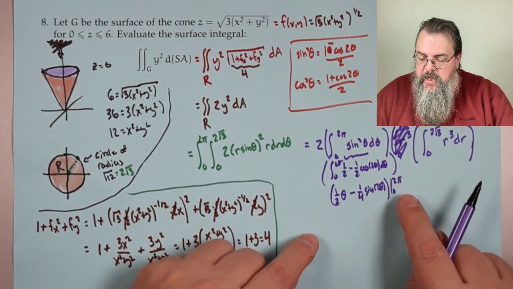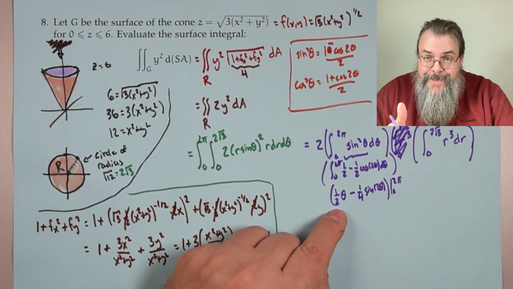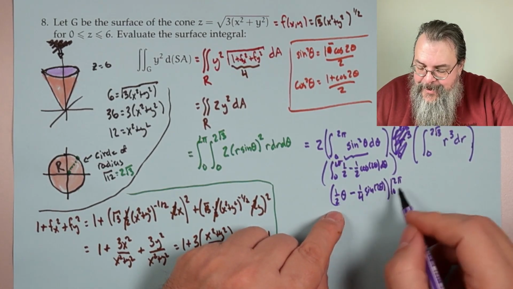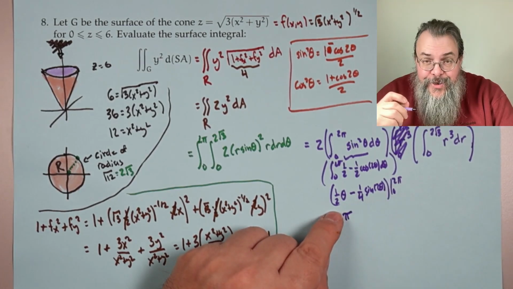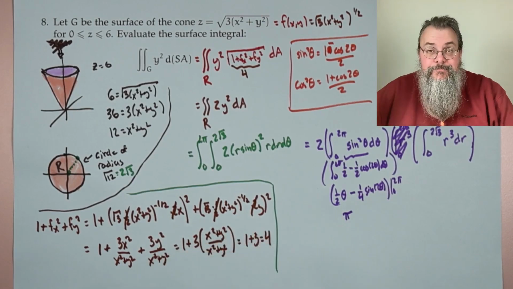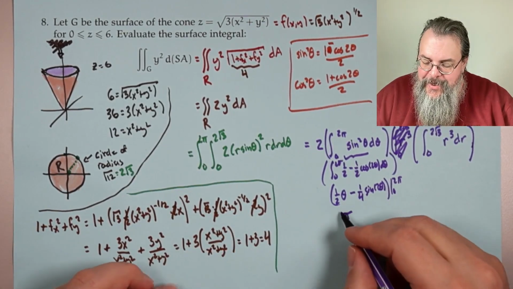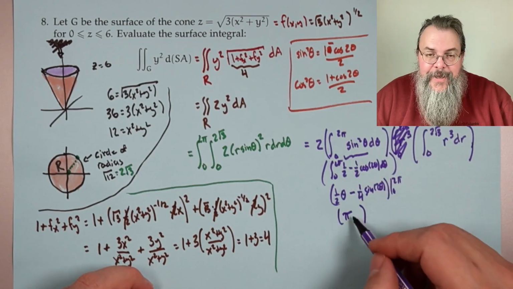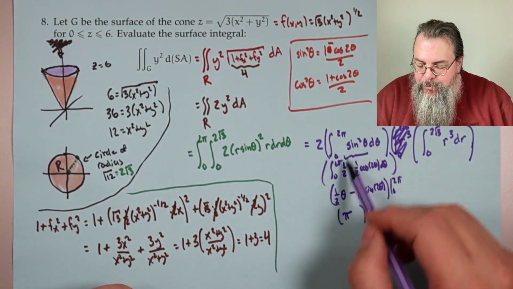When you plug in 2 pi, 1/2 times 2 pi is pi. Sine of 4 pi, 0. Sine of 0, 0. So we get 0, except for that first term, pi. All right, so this integral is pi.